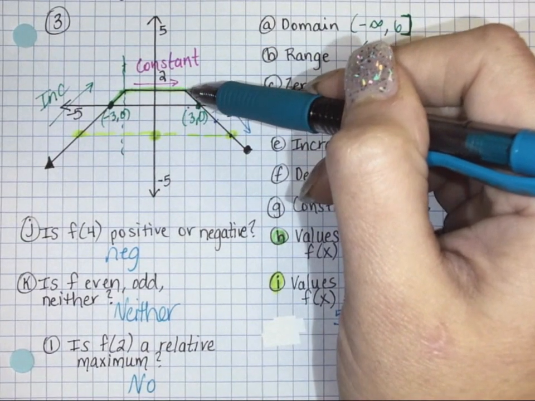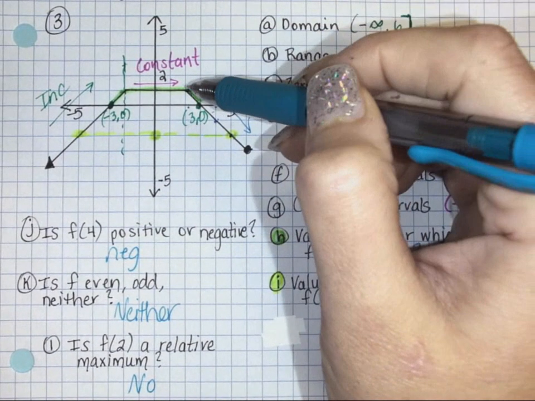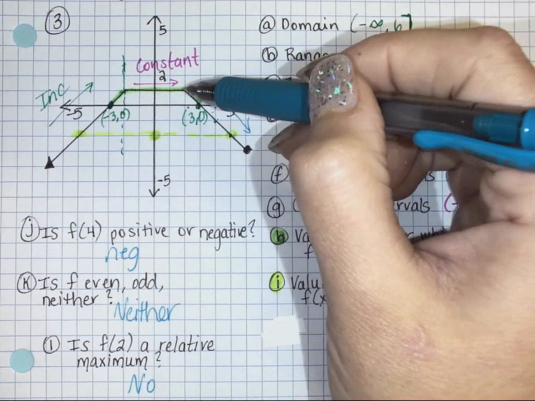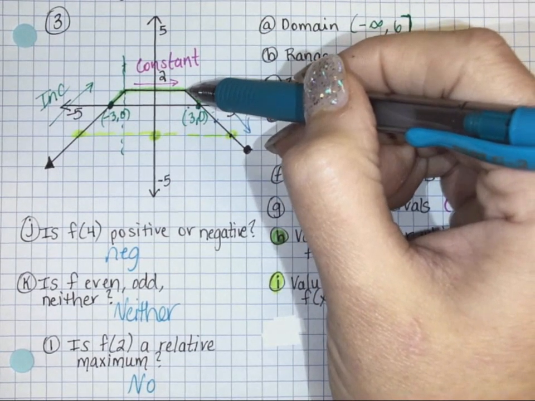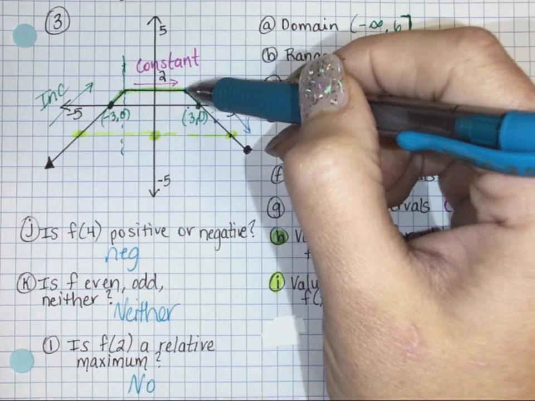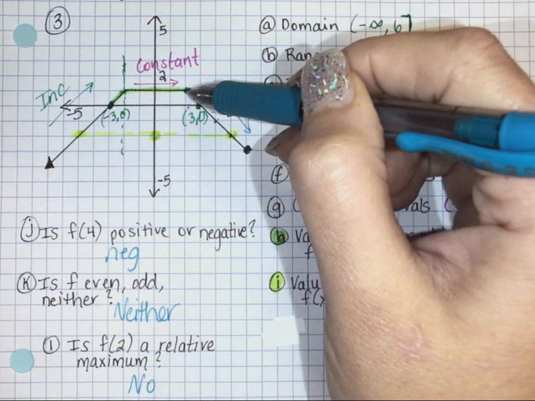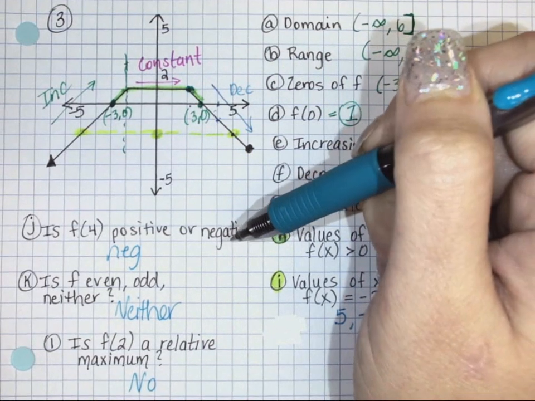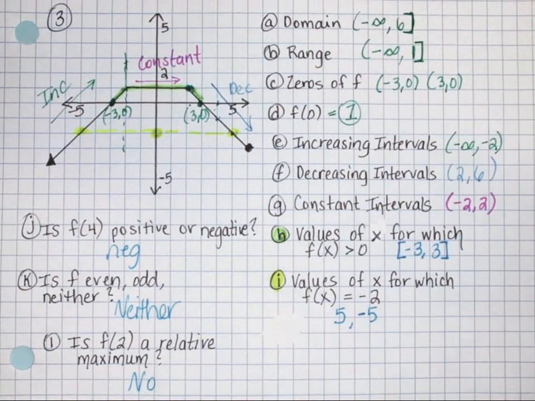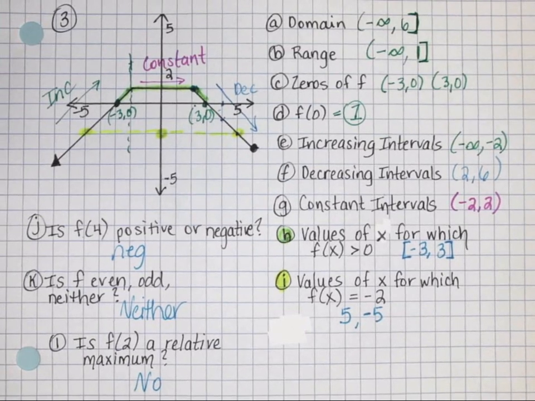And remember, a relative maximum is where a graph changes direction from increasing to decreasing. This point changes direction from constant to decreasing. So it's close, but it's not a relative maximum. Remember, relative maximum is where you're topping out roller coaster hill and getting that maximum thrill.